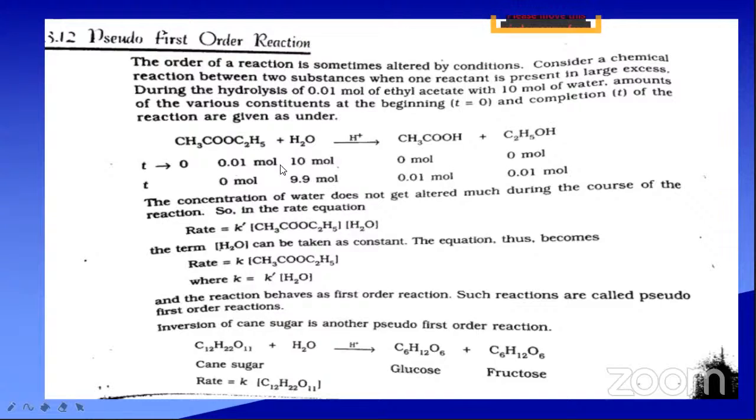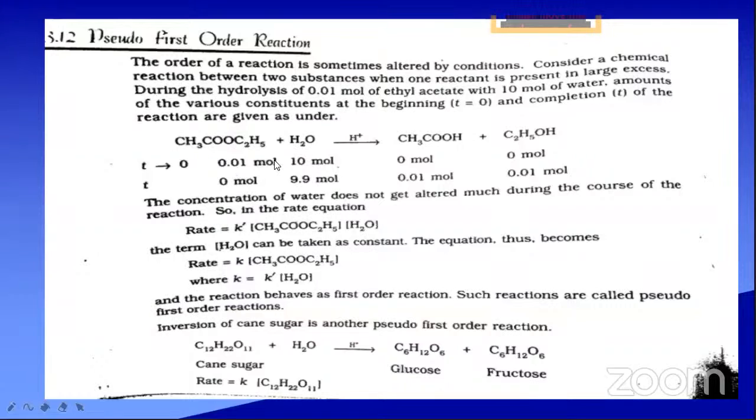In this reaction, the concentration of the ester is 0.01 molar, and the concentration of water is 10 molar, at time t equals 0. After some time, for example 10 or 20 minutes, some chemical reaction happens. However much of A is there, that much of B also reacts.